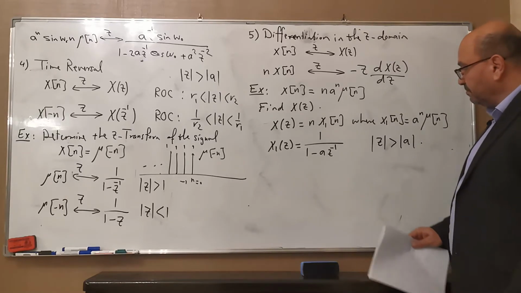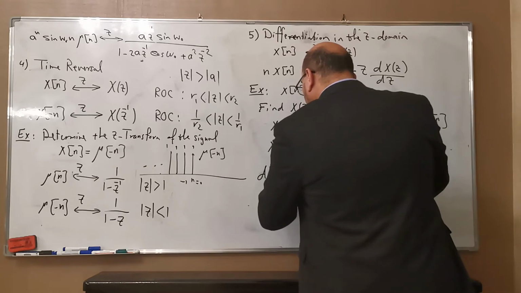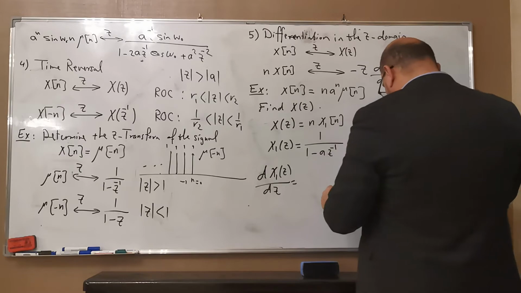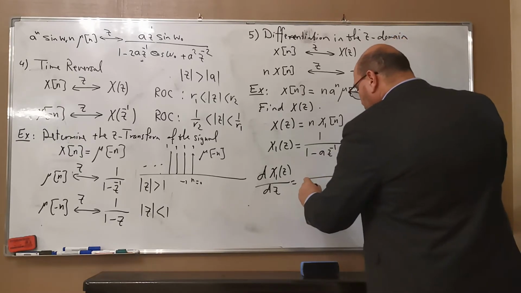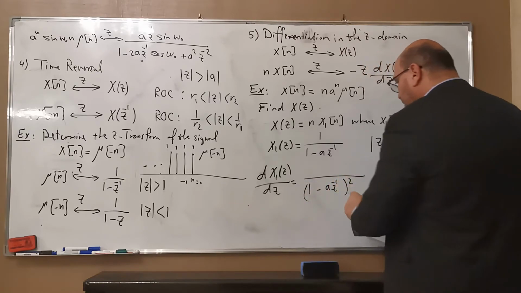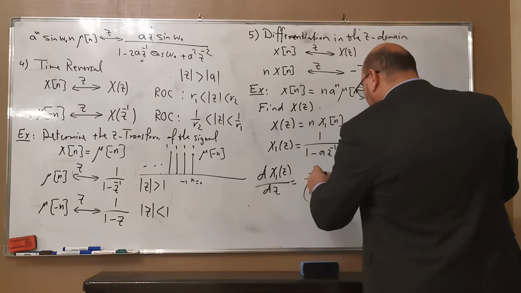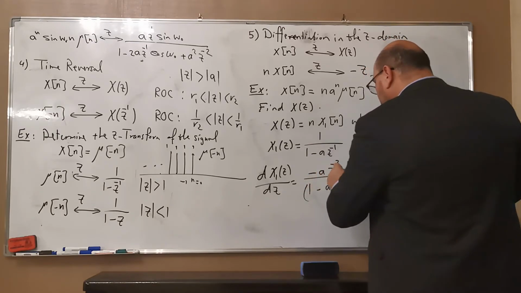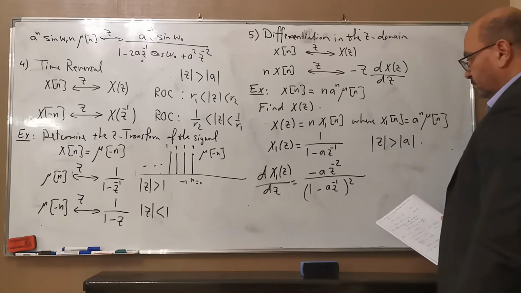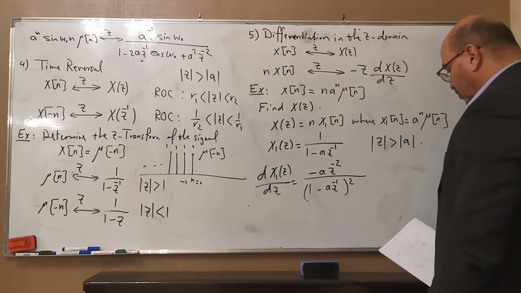This is x1 of z. Now I'm going to differentiate dX1 of z by dz. So this is equal to 1 minus a z inverse squared, and then you have to differentiate with a minus sign, so this is minus a z to the minus 2. Okay? So this is the differentiation of this one with respect to z.